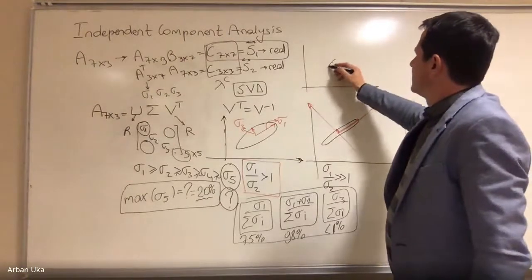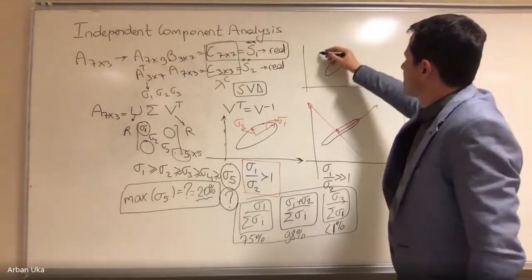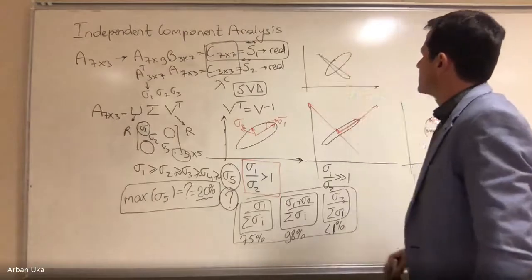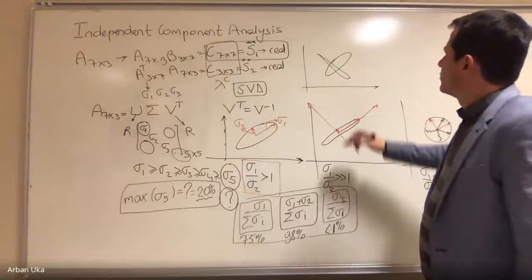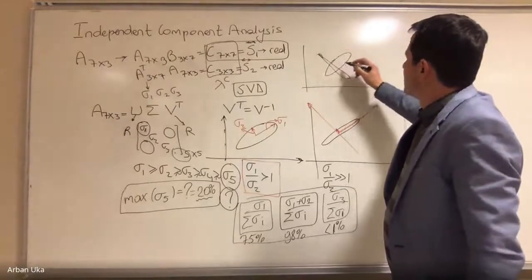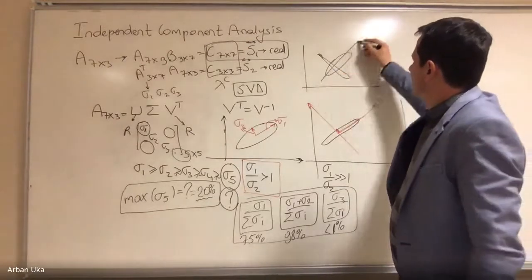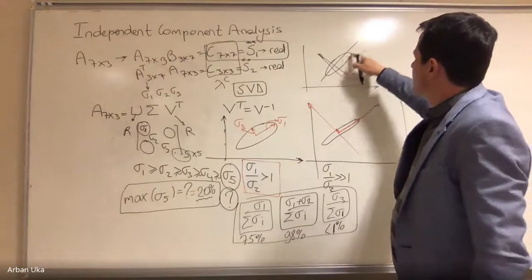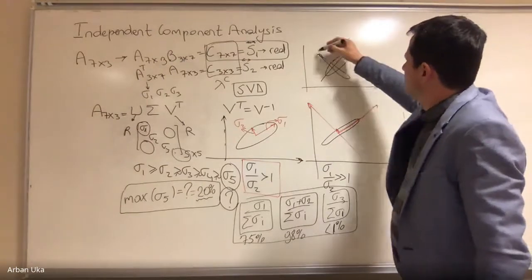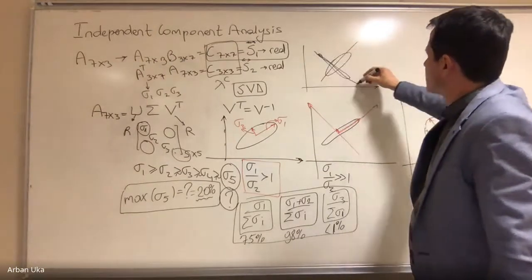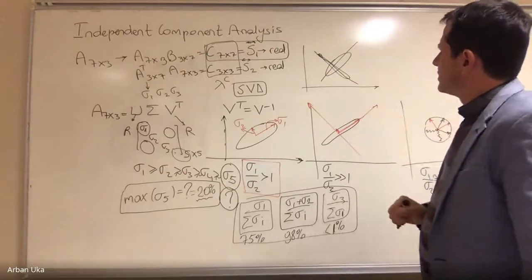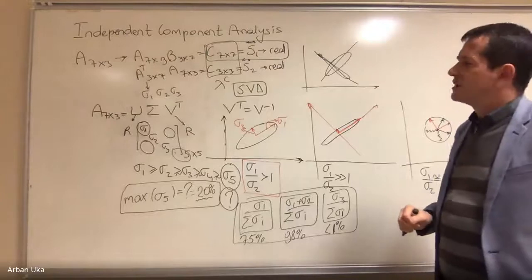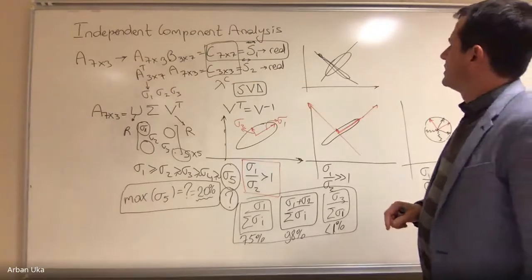We might have a data set that looks like this and a data set that looks like this. Independent component analysis can distinguish the different features because it can select a dominant axis along this way and another dominant axis in this way. If the data set is projected and has a similarity like this, they can be completely separated.